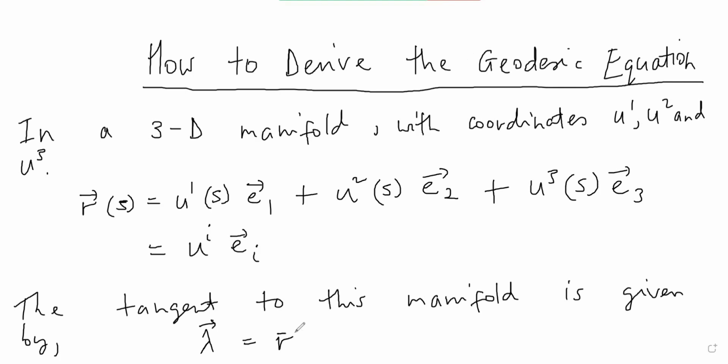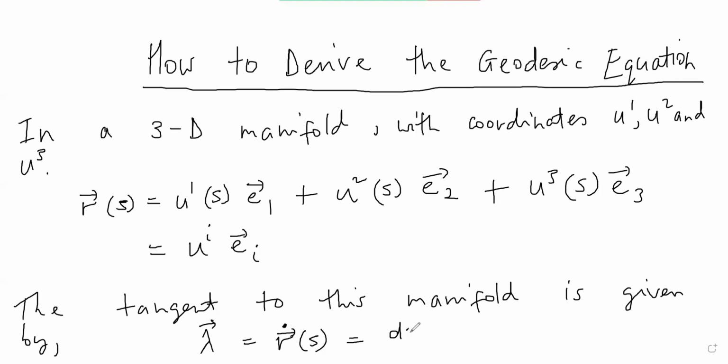So to get the tangent, you differentiate the position vector. You differentiate it with respect to s. So that's r dot. The dot denotes the derivative of this r of s with respect to the arc length s. So lambda, which is the tangent to this manifold, is given by the derivative of r of s with respect to s, denoted with an r dot of s.